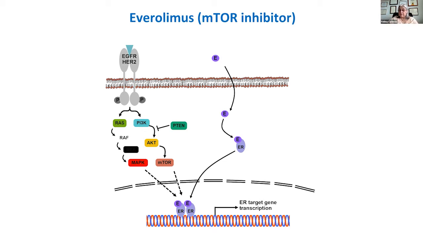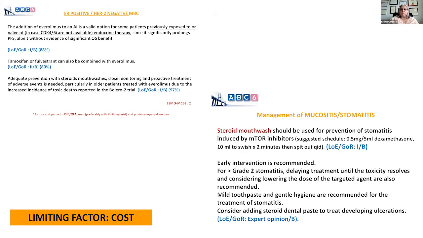One of them is everolimus, and everolimus has unfortunately a bad reputation because the first time it was developed, there was no sufficient care about the side effects and the possibility to prevent those side effects.